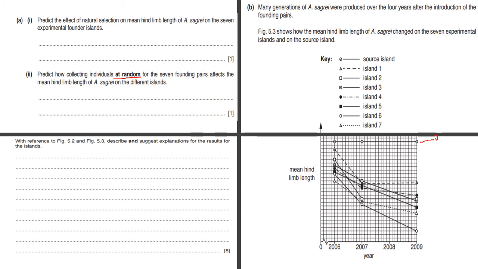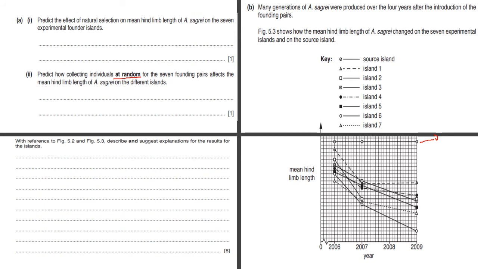Then the question says, with reference to figure 5.2 and 5.3, describe and suggest explanations for the results for the islands. 5.2 was the earlier image we saw, where the vegetation on the source island was a big tree, and the vegetation on the founding or experimental islands was quite short, shrub-like vegetation.